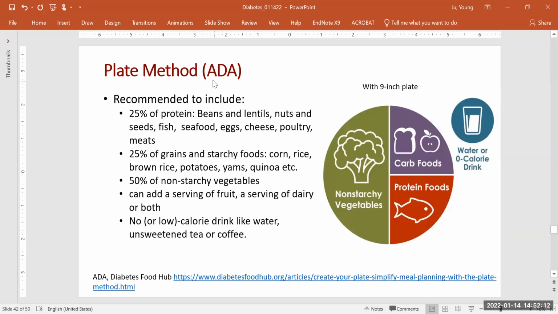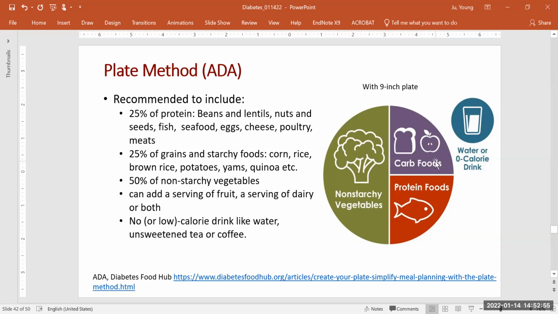According to the American Diabetes Association, one of the simple and effective ways to manage blood sugar level is to use the plate method. The plate method is a visual way to make sure to get enough non-starch vegetables and lean proteins while limiting the amount of higher carb food. It's recommended to include 25% of protein, and it could be beans and lentils, nuts and seeds, fish, seafood or egg, some poultry, and 25% of grains and starchy food.